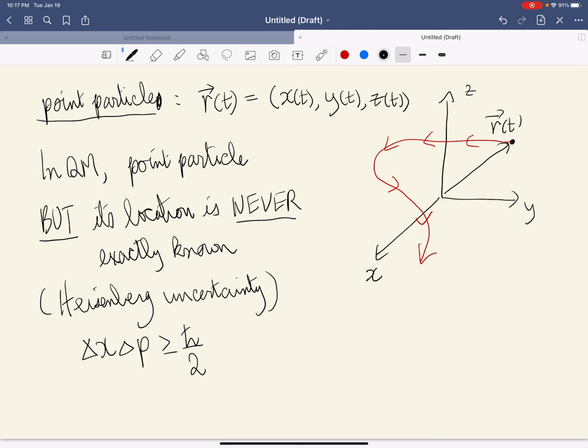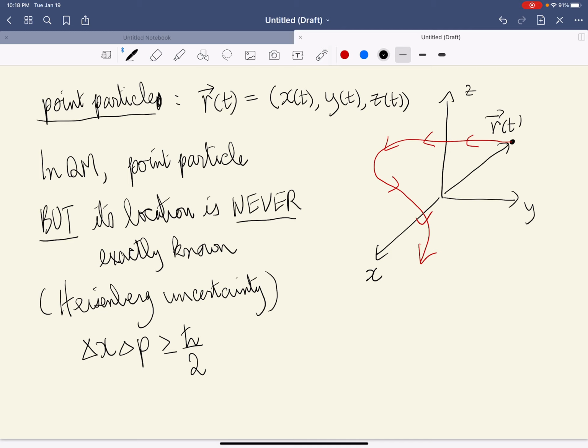I find that statement actually quite misleading, and for that reason, I will try not to talk about the uncertainty relation or even use the term uncertainty.